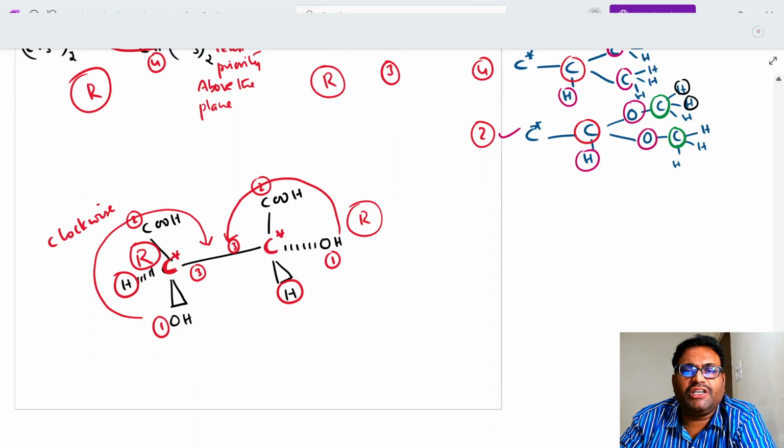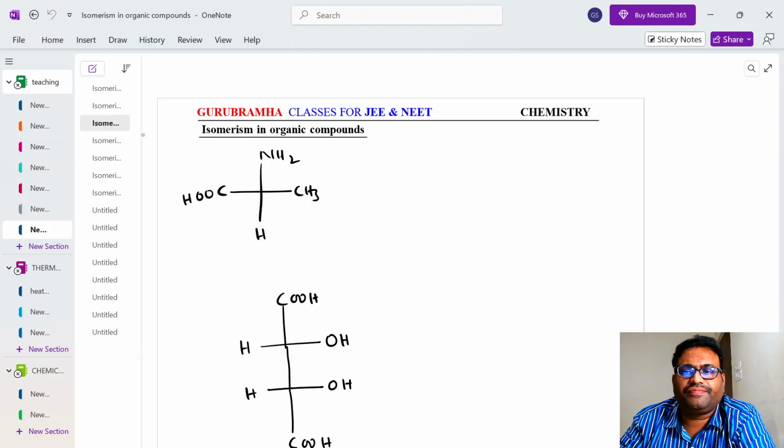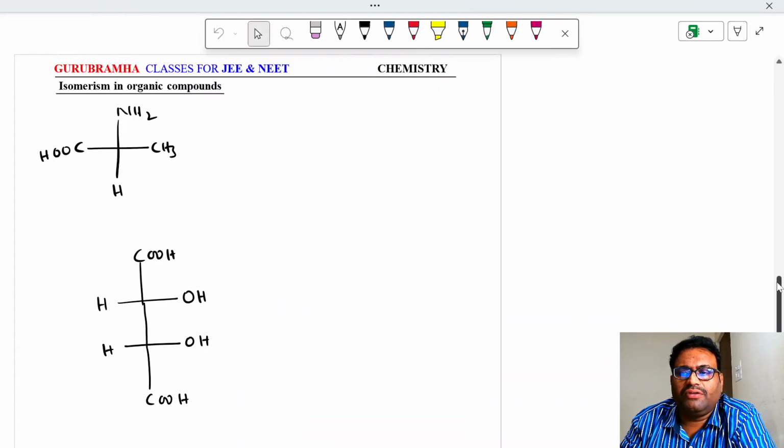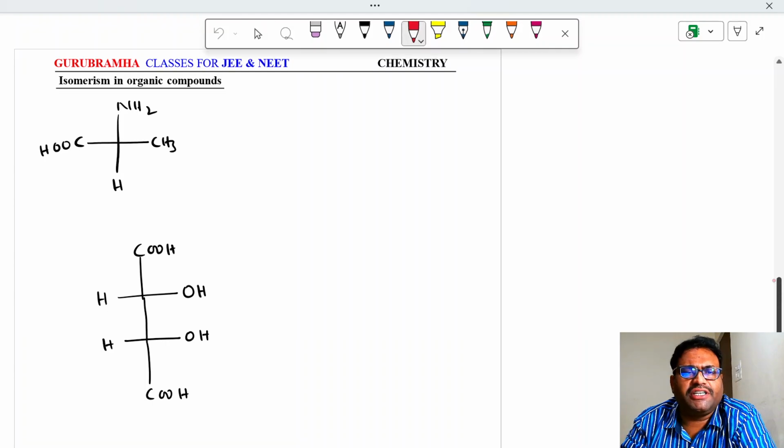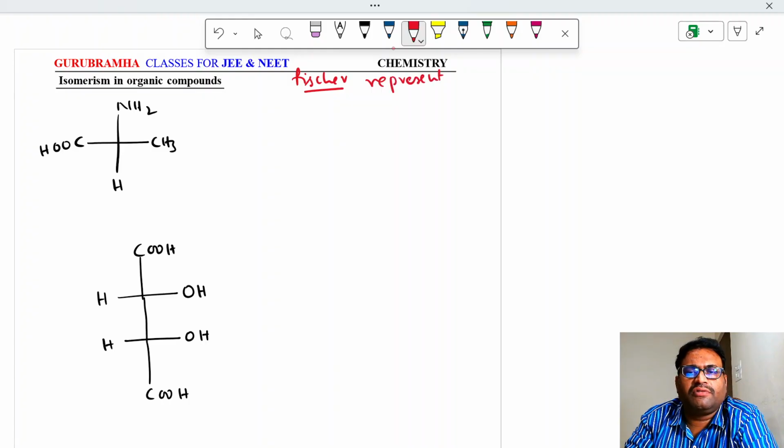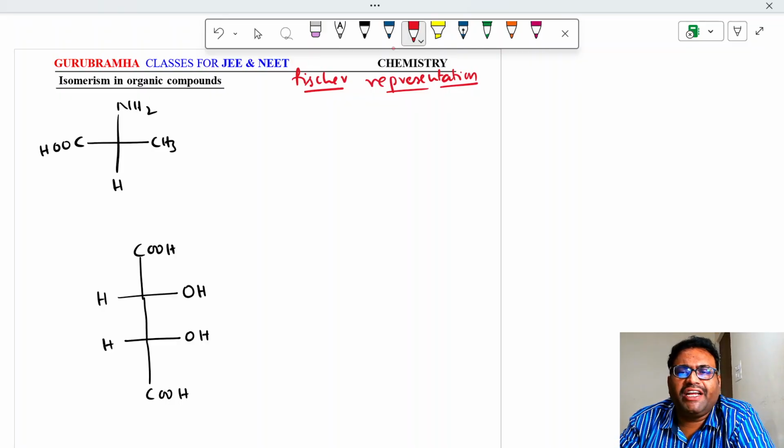Next, let us move to the next part. Now you are finding the Fischer representation. Already it is mentioned: Fischer representation of the molecules. In this Fischer representation, you can see a vertical line and a horizontal line.